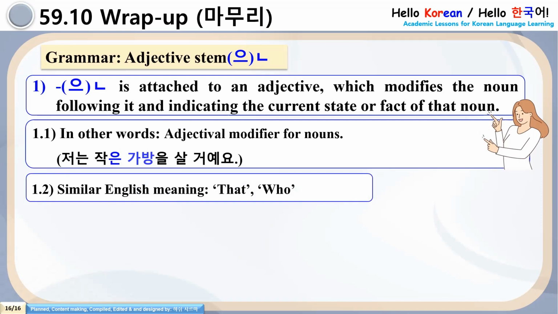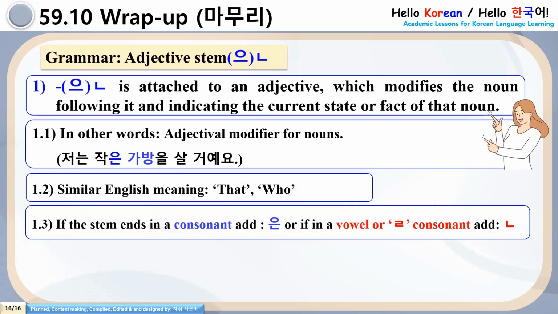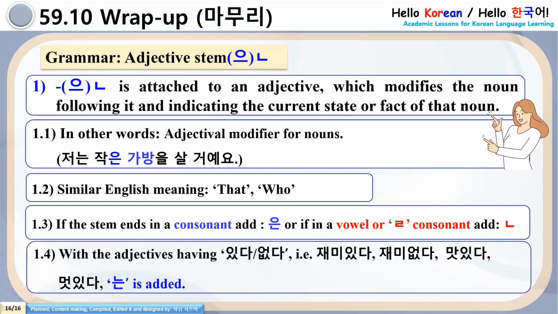Similar English meaning, that or who. 1.3. Conjugation rules. If the stem ends in a consonant, add un, or if in a vowel or l consonants, add n. 1.4. With the adjectives having itta or opta, we have to add nun only. Like 재미있다 will be 재미있는, 재미없다 will be 재미없는.